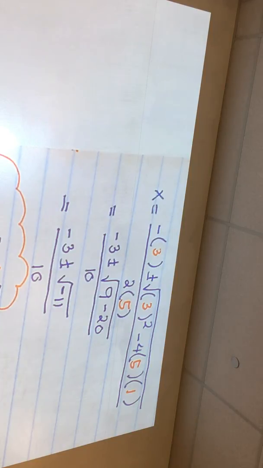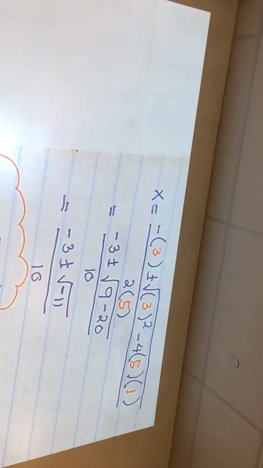All right, let's have another problem. So this was problem number 1, this is problem number 2. 8x squared plus 6x equal to negative 5.